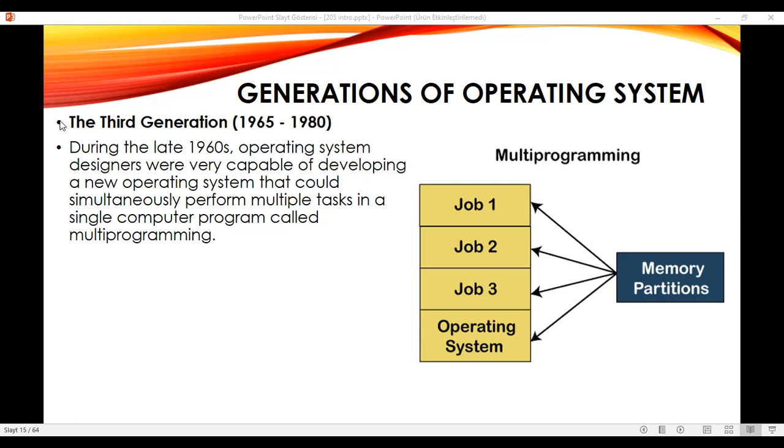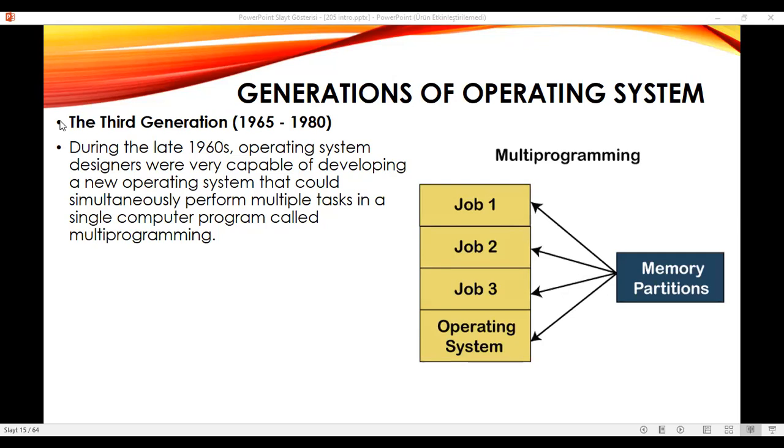And also because the memory can take only one process. There is no chance to execute more than one process at the same time.